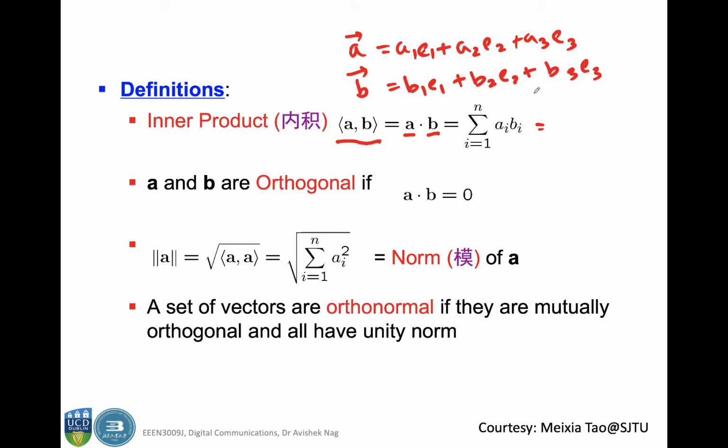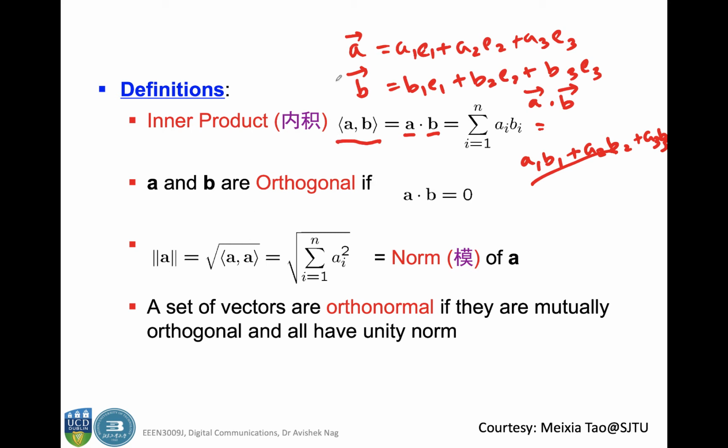So if you take the dot product of these two vectors, you will have a1 b1 plus a2 b2 plus a3 b3, and this expression is basically obtained because of certain properties of the basis vectors.